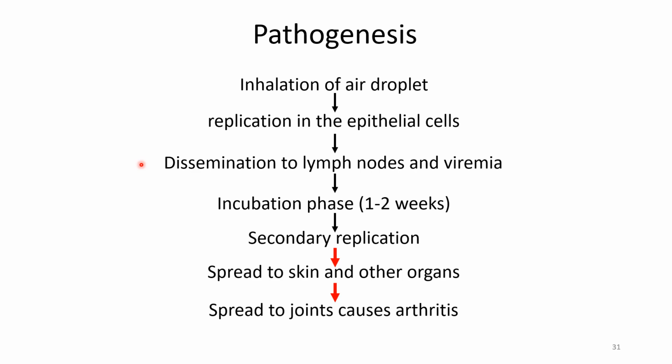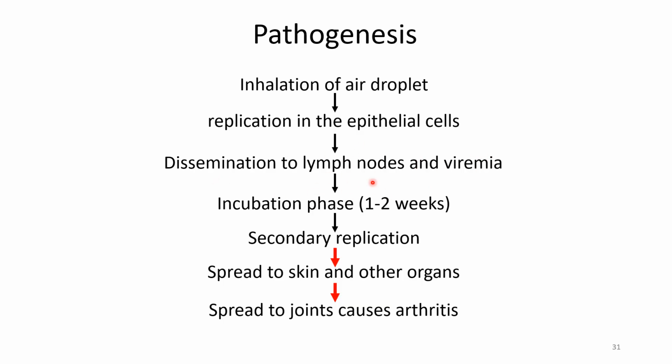So what about the pathogenesis of the virus? So how does the infection progress? So remember, we said that this is a respiratory transmittable disease. So the infection starts by inhalation of air droplets containing the virus, and similar to what we talked about in the smallpox, replication ensues in the epithelial cells, and then we have dissemination to the regional lymph nodes, and we have the first viremia.